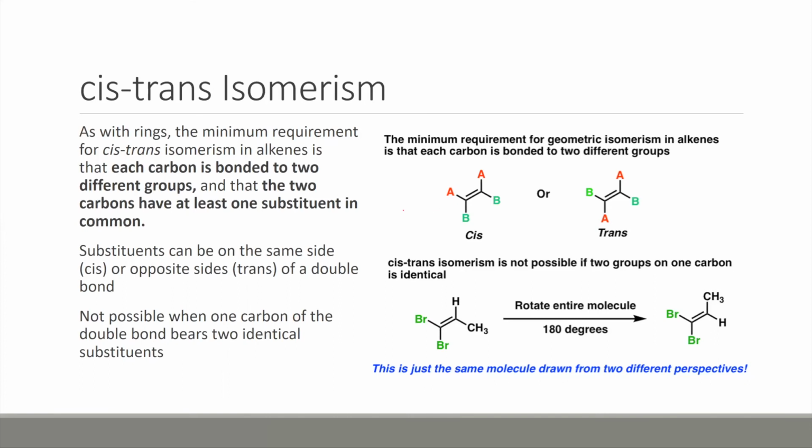Again, to see this in an easier manner, we've labeled things with A's and B's. So when you look at the individual carbon, they have to have two different groups, an A and a B. However, when you look across between the two carbons, there has to be at least one shared group. So both A's, or here also both B's.